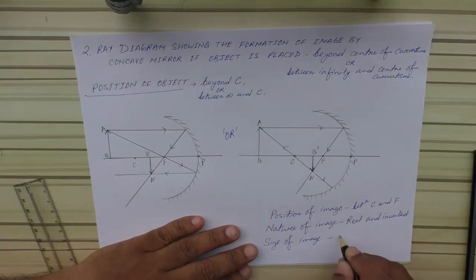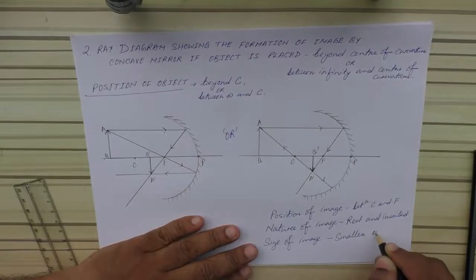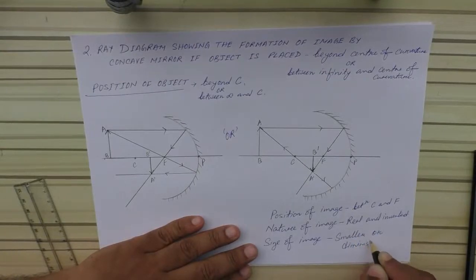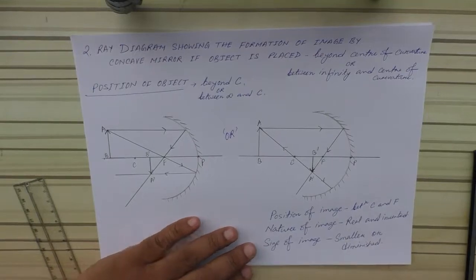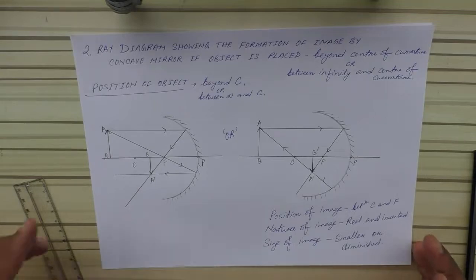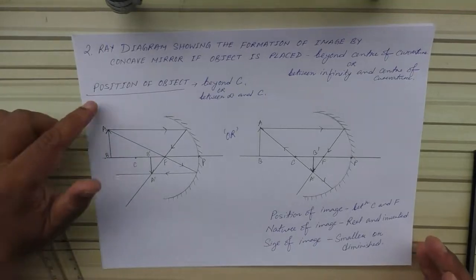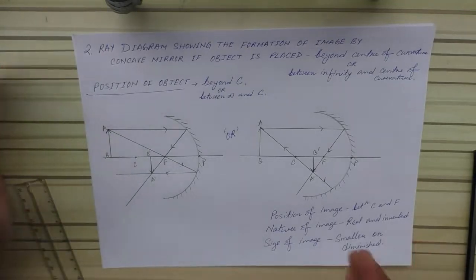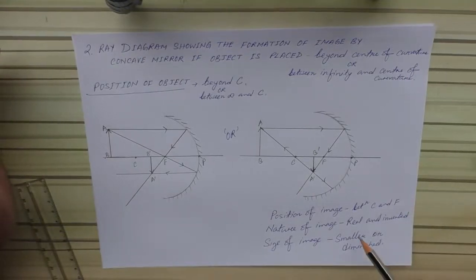And size of the image is smaller or diminished. So in this way we can draw ray diagram for this position, that is position of object beyond C, and position of image we are getting between C and F. Nature of image real and inverted, size of the image smaller or diminished.